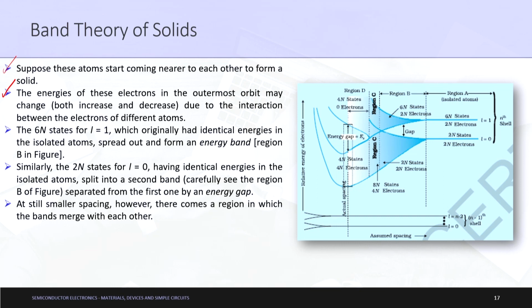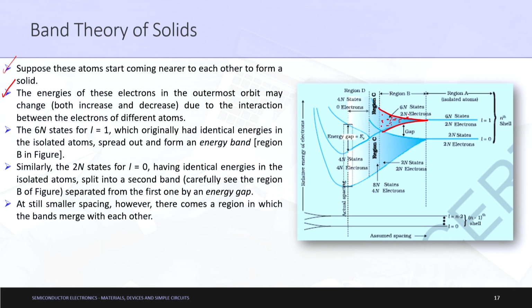The 6n states for L is equal to 1, which originally had identical energies in isolated atoms, now spread out to form an energy band. What does this shape try to tell us? Each of the electrons residing here has different energies.